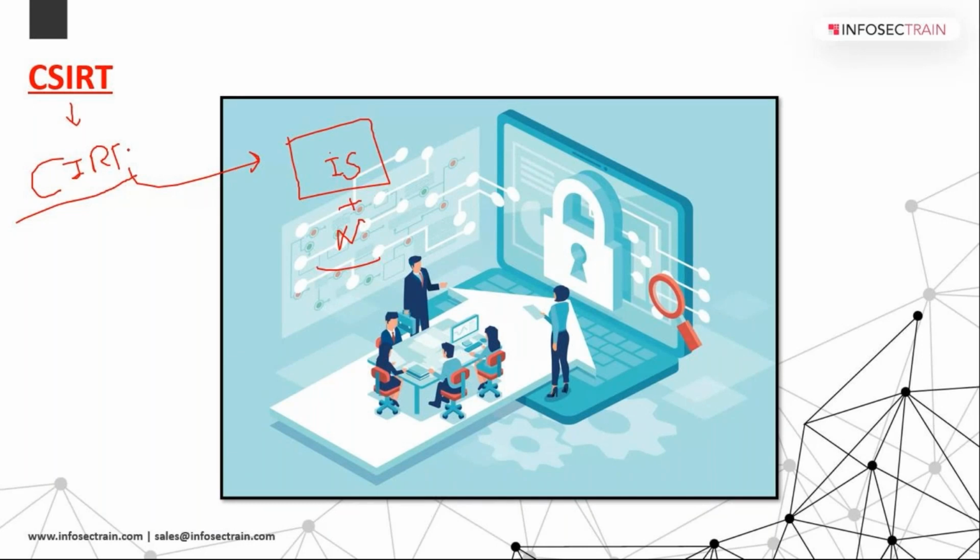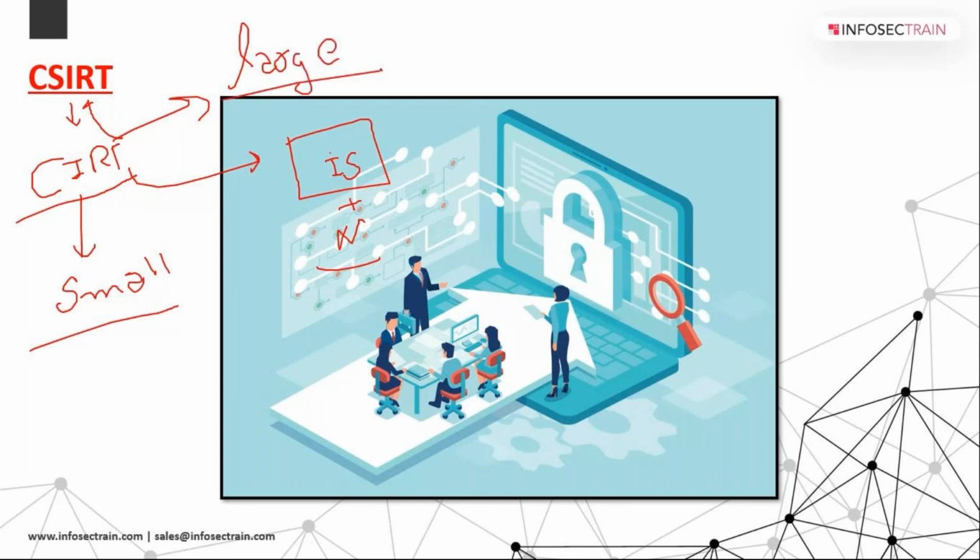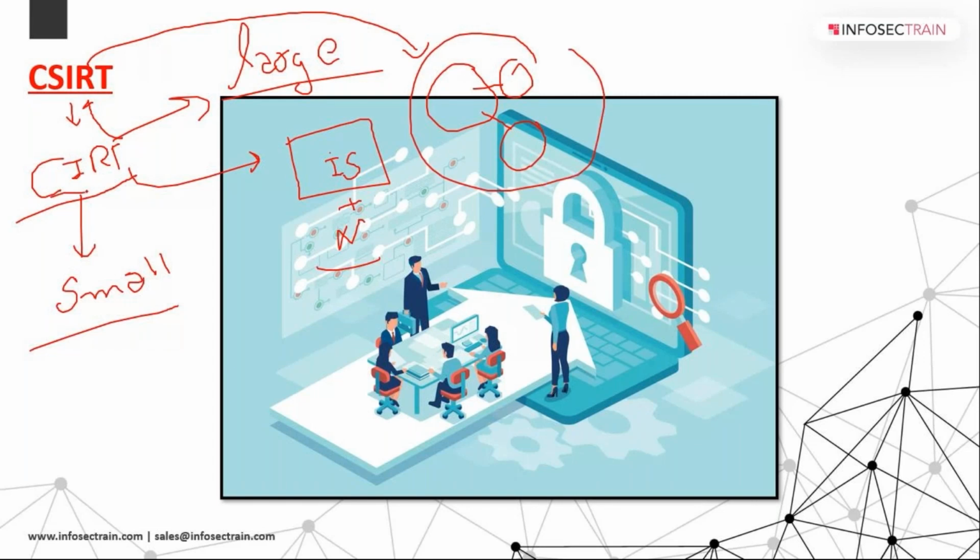CIRT is used in small organizations and CSIRT in large ones. The scope of CSIRT is not only to protect your organization but also your clients and your suppliers. But CIRT is small, only focused on you.